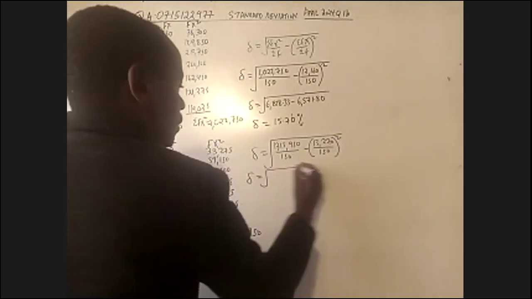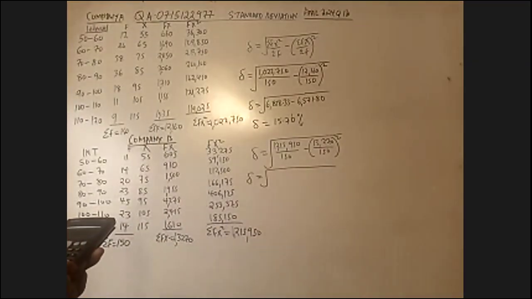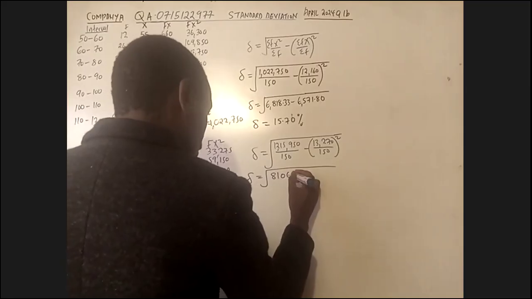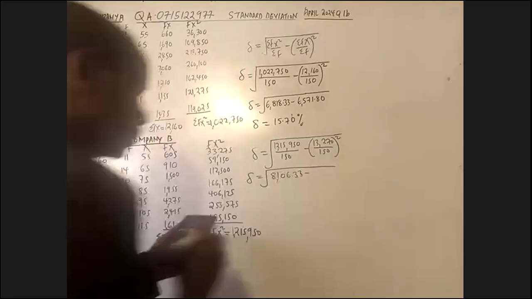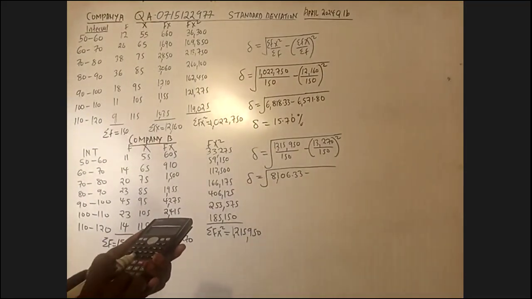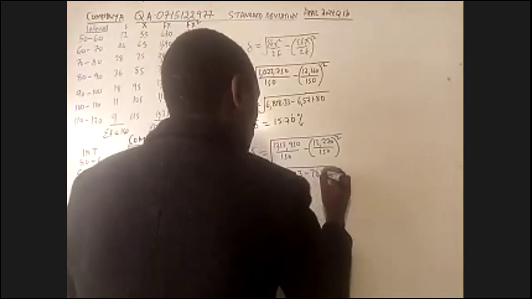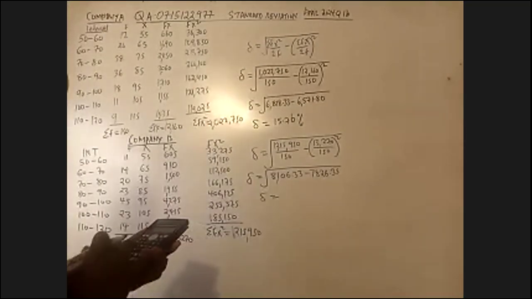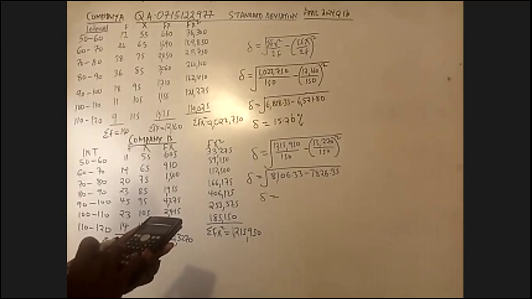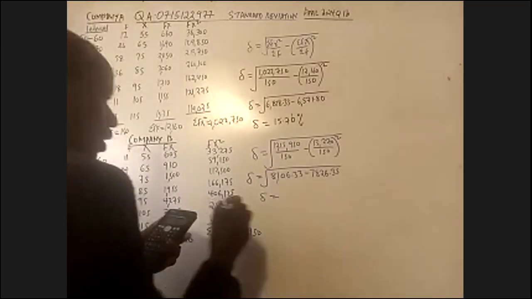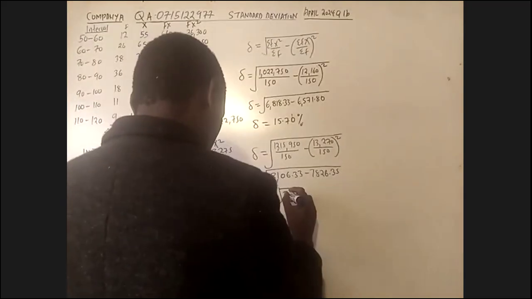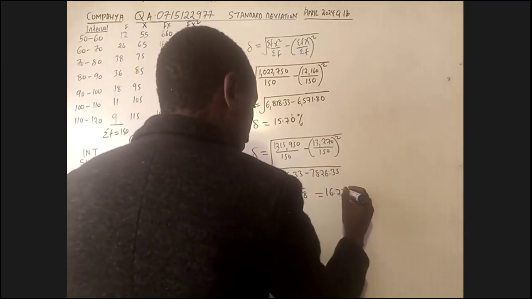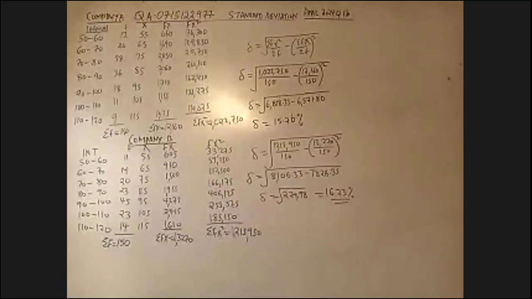So 1,215,950 divided by 150 is 8106.23, minus 13,270 divided by 150 squared, which is 7826.25. The standard deviation is the square root of 279, same as saying 16.73.